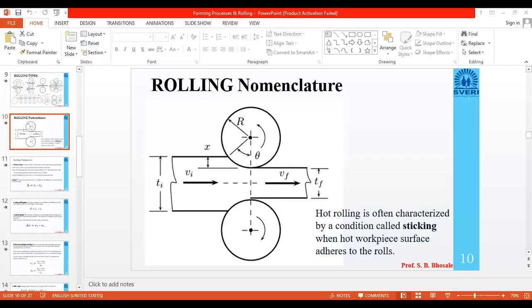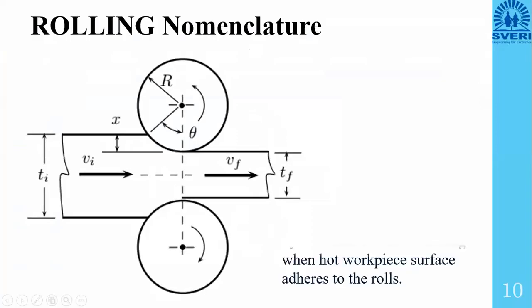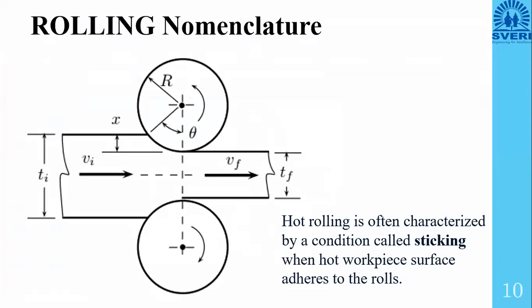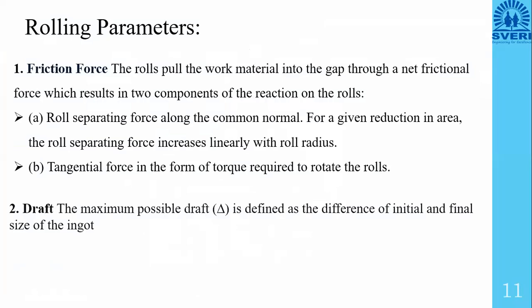Okay, so this is the overview of the last lecture. Last lecture we started this rolling nomenclature, where we saw initial thickness, final thickness, theta (contact angle), Vi, Vf, R. Then we went through some parameters like force, then draft.